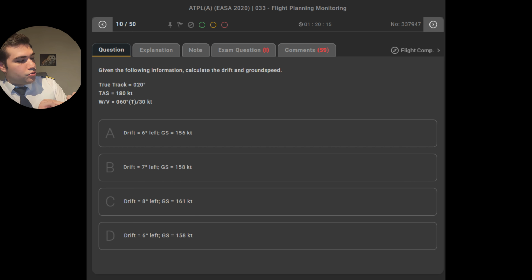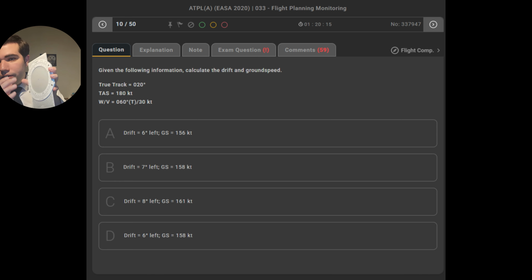By the way, I use a Pooley's CRP-5 flight computer. I first put 60 degrees with 30 knots. So I spin it until it shows me 60 degrees.